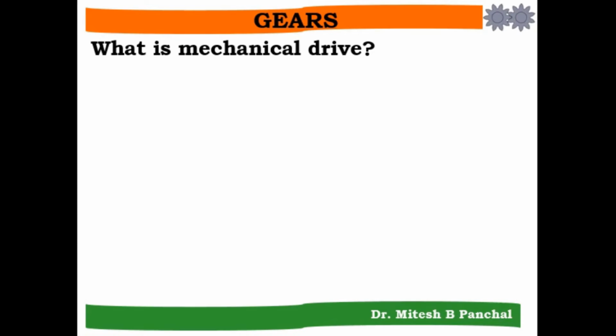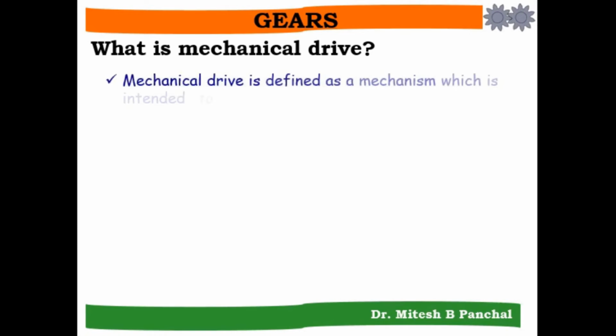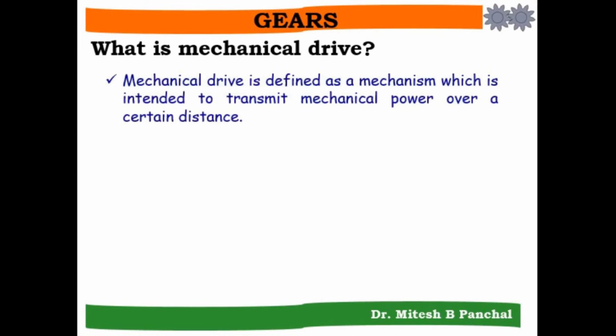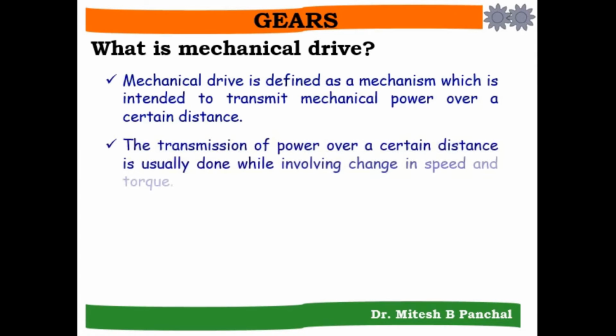Next we will see what is mechanical drive. So mechanical drive is defined as a mechanism which is intended to transmit mechanical power over a certain distance. The transmission of power over a certain distance is usually done while involving change in speed and torque.